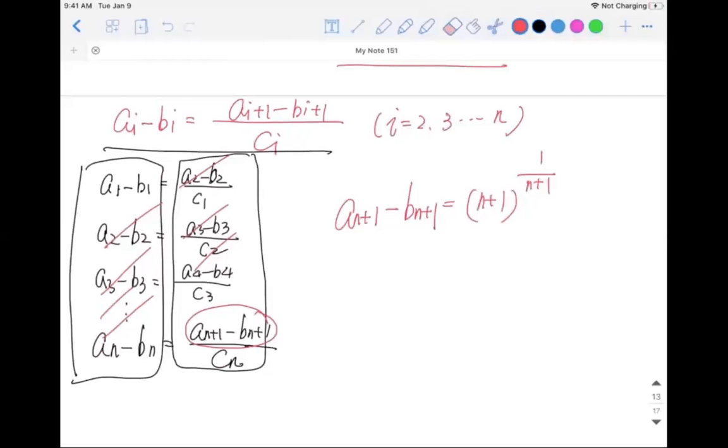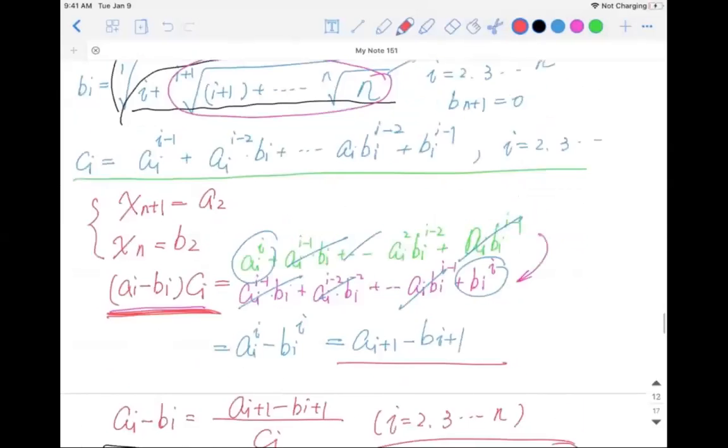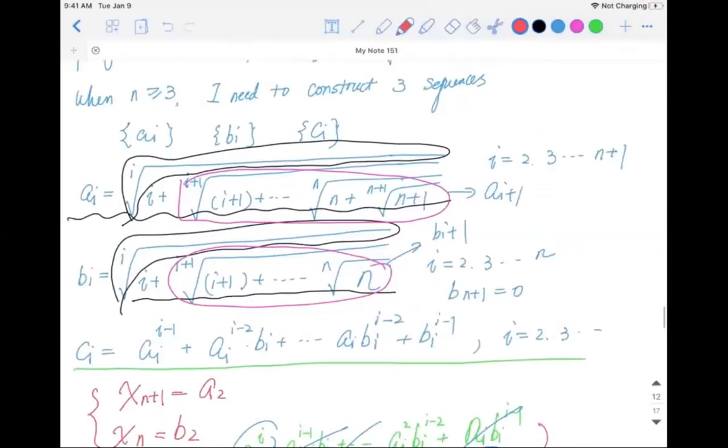At the same time, I find out A_{n+1} - B_{n+1}. That one is not a difficult part. I'm just going to let i equal n+1. So A_{n+1} will be equal to (n+1) to the power of 1 over n+1, right? This is going to be A_{n+1}.